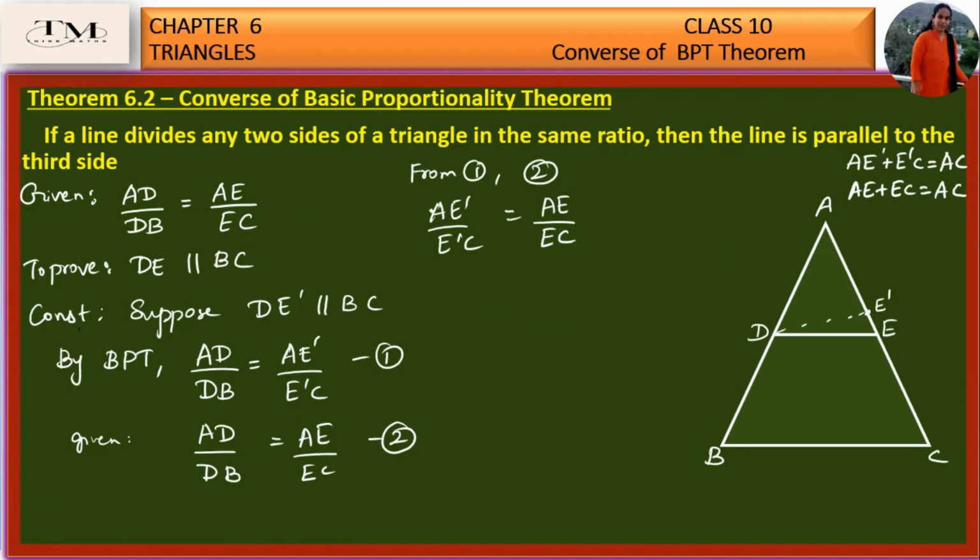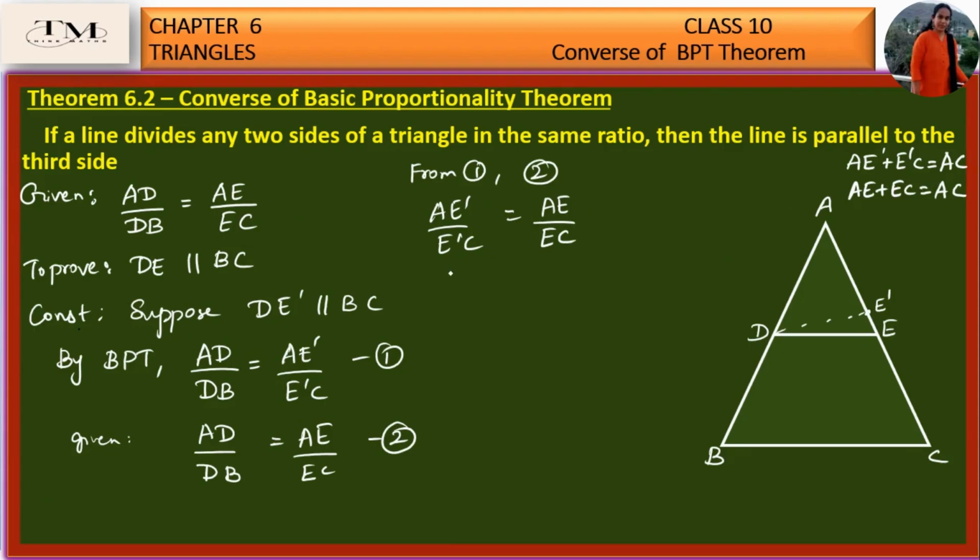Now, if we make the numerator the same, the denominator will automatically be the same. So we must add the numerator with the denominator on the left side, and in the same way on the right side, we have to add the numerator with the denominator to get AC.